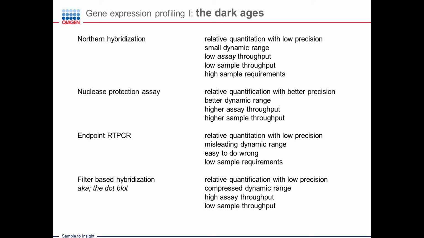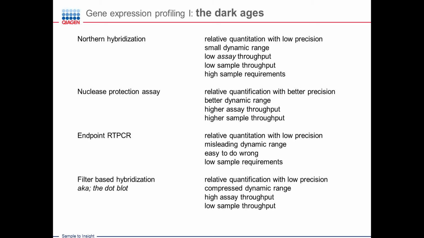You could do multiple assays per sample per lane, so better, higher assay throughput, somewhat higher sample throughput. Never really sort of had the popularity of northern hybridization because of the technical demands of having generally to clone a probe to prepare a riboprobe and that kind of thing.